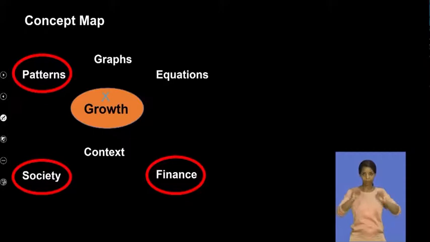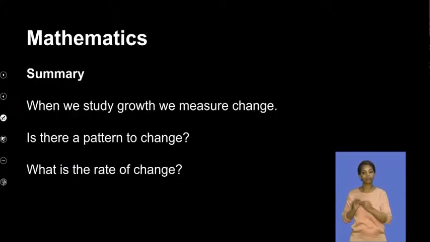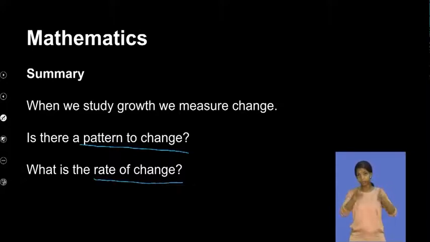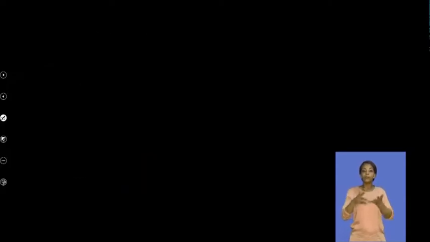It's one of those decisions that you need to make. And then our quick summary is, when we study growth, we measure one, change, right? Is there a change in the pattern? Also, what will then be the rate of change? And remember, our rate of change will be the concept of what we are talking about when we talk about gradient and the steepness of a line.